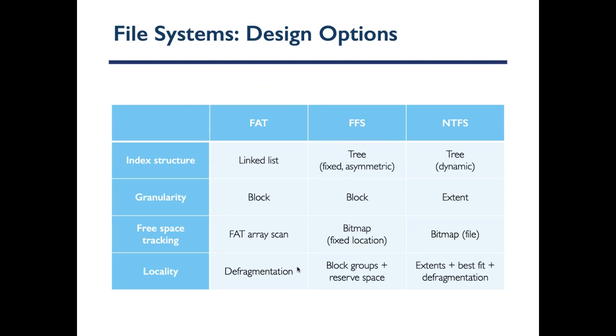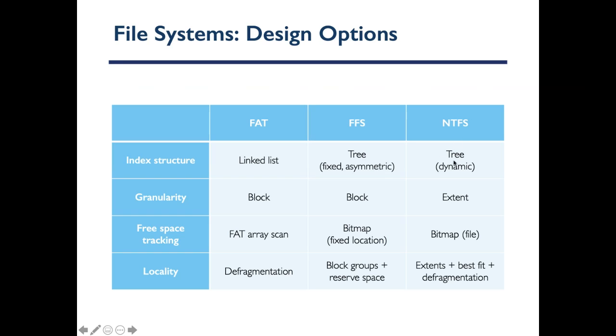And here is basically a summary of almost everything we saw. So we have FAT, FFS, and NTFS. The index structure in FAT is a linked list. In FFS it is a tree, fixed size and asymmetric.